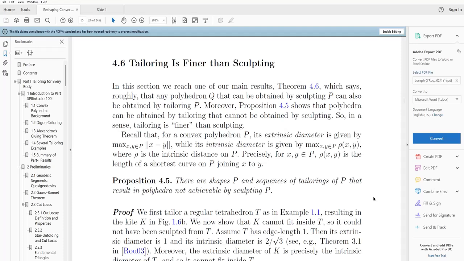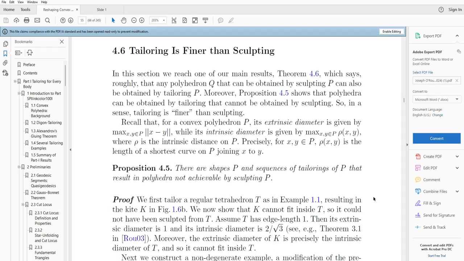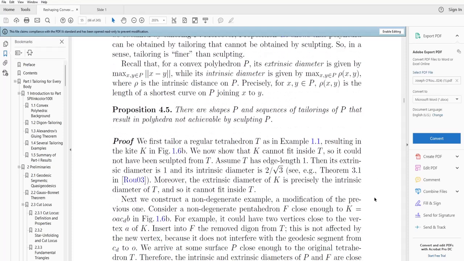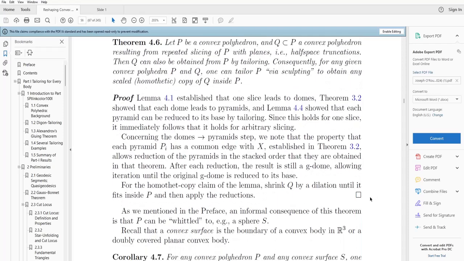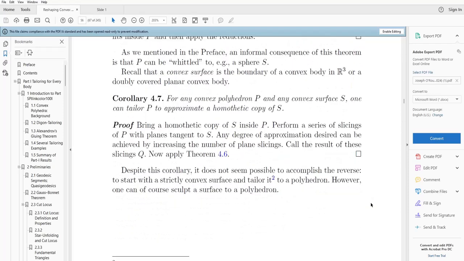If you want to construct things, sculpting has a different reasoning and tailoring has a different reasoning. To do the tailoring you have to understand the straightenability of the edges, the caliperness of the edges, how to do surface development planning, how to find the edges, how to find the triangles, and how to get the triangulations.